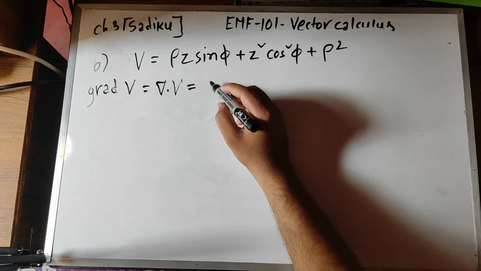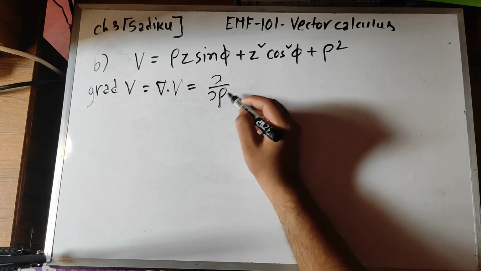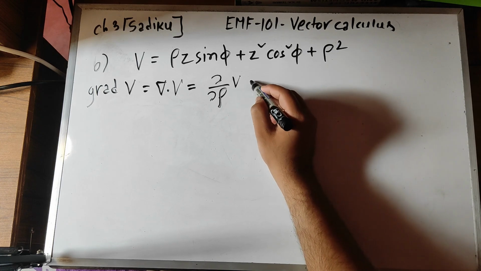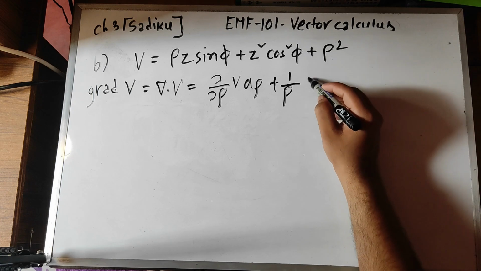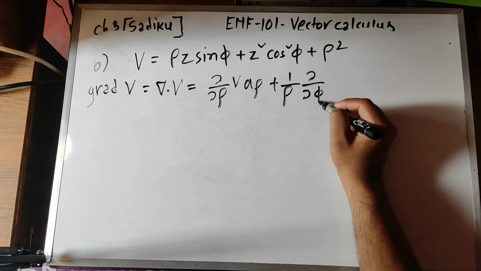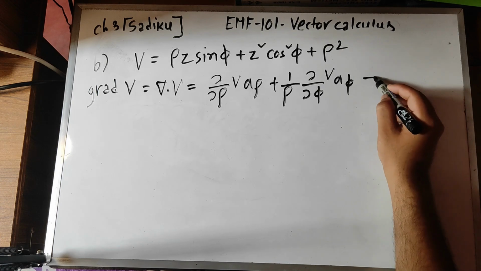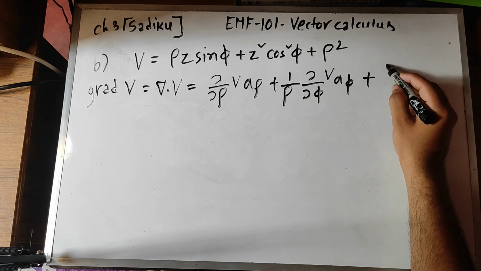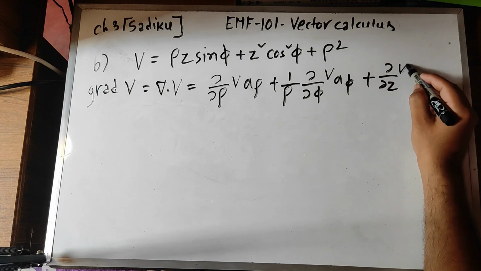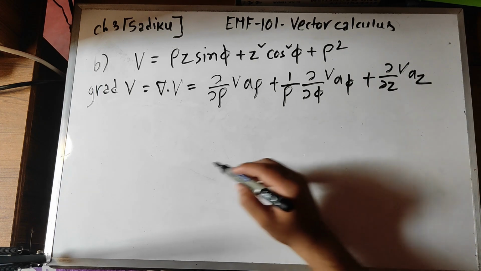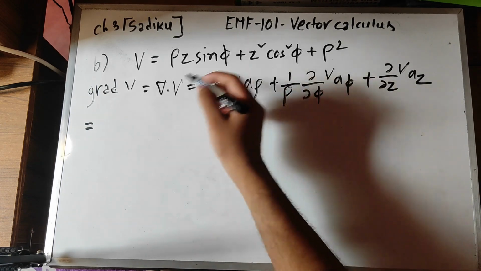Gradient of v is del by del rho of v in the direction a rho plus 1 by rho del by del phi of v in the direction a phi plus del by del z of v in the direction az. So I'm just going to straight differentiate it.